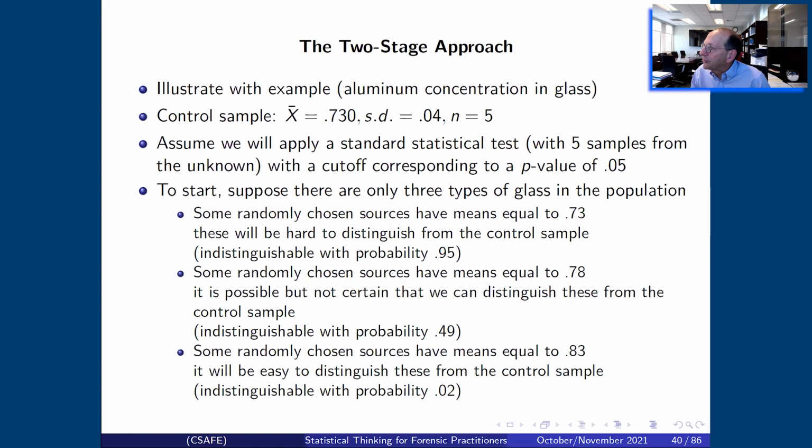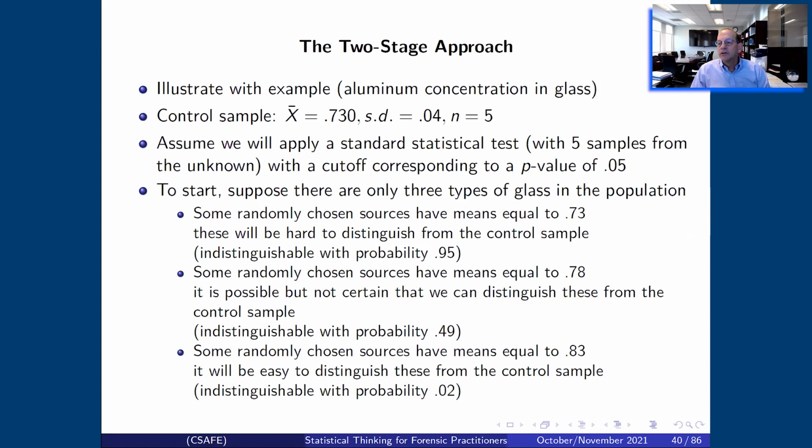For any such source, when I take a sample of fragments from it and compare it to the control sample, it's very likely that I'm going to find that they can't be distinguished, because they did in fact come from glass with the same exact mean. And so we might say, if they match, those two types of samples will match almost all the time, say 95% of the time. But then the second bullet says, okay, there's another type of glass.